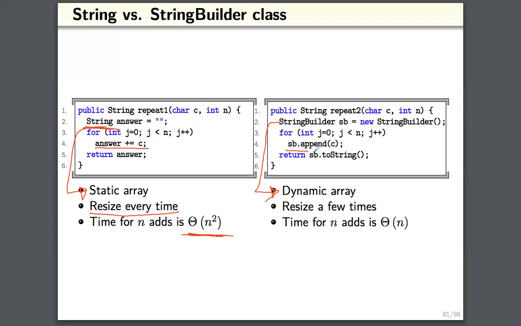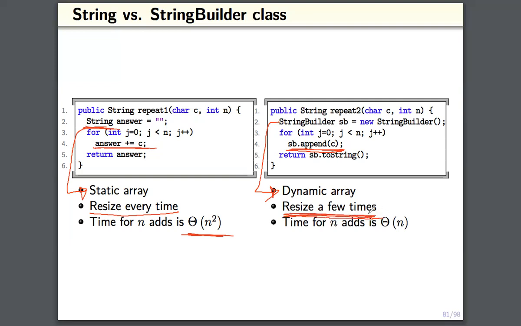So here sp.append, what is the difference between this and this? Append is adding one more character. You don't need to resize it for adding every character. For half of the times, you don't need to resize. Once it hits a power of 2, then you resize. So only a few number of times.